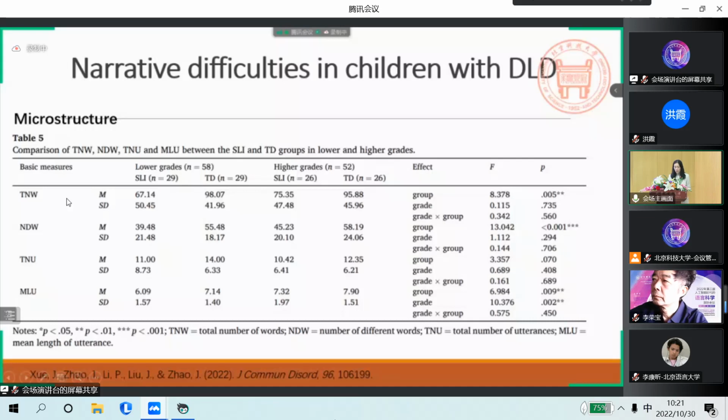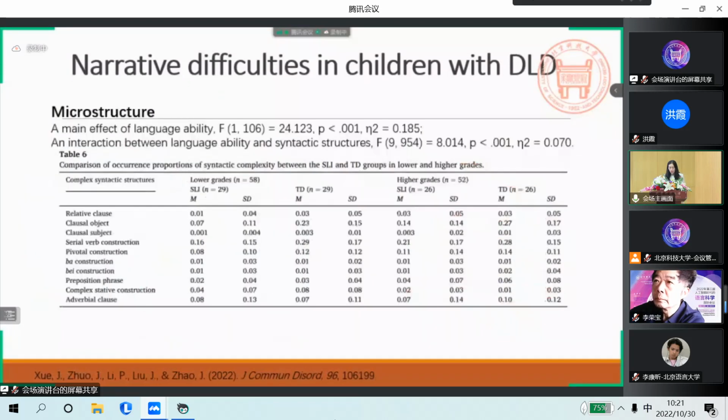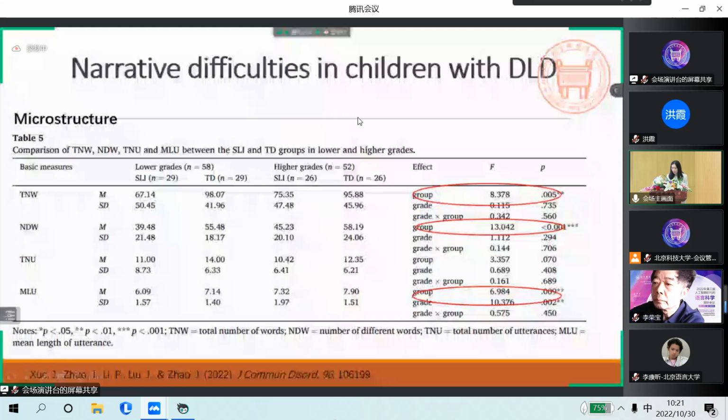They are very different in TNW and also in NDW, and in the mean length of utterance, and there are also grade differences on mean length of utterance.